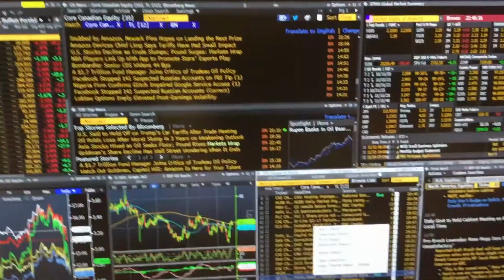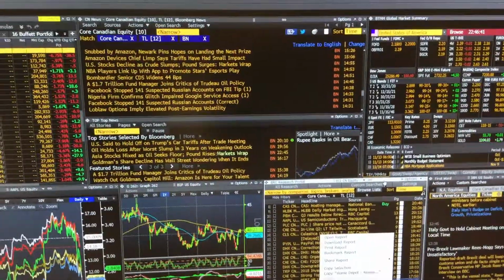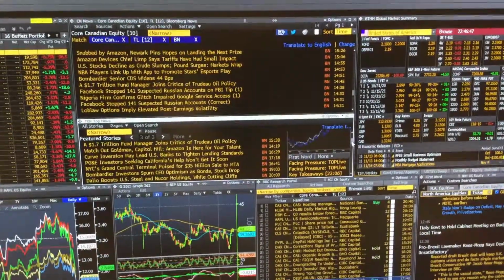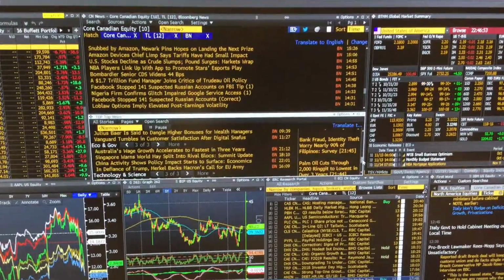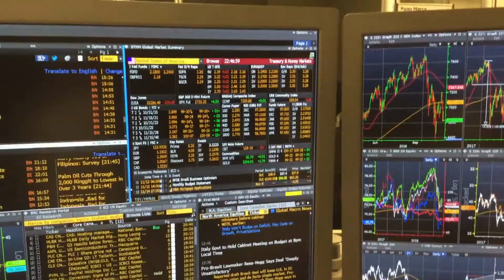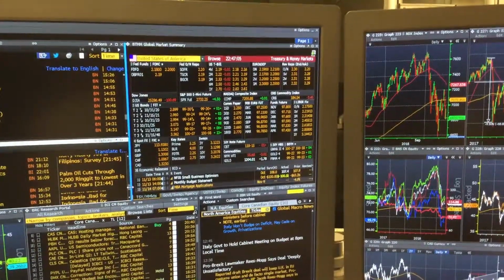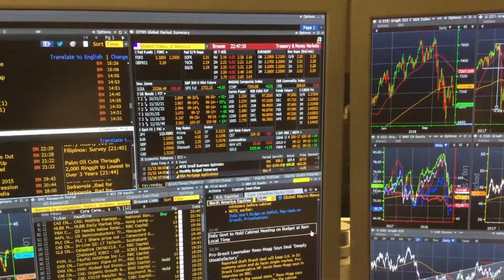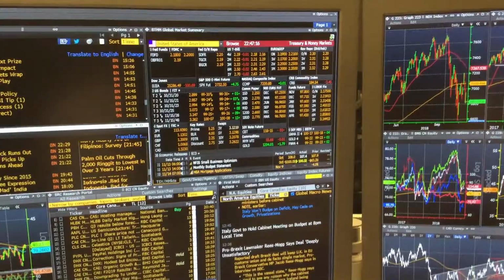The one below is top news, so that's very high level news that's going on in the economy, based on the categories you would want to read into, like deals, finance, economy, government, technology, science, and so on. That's my global market summary, telling you about the futures, FX rates, prime rates, key rates, swap rates, commodity rates. There's just a lot of information here, so I like to look at that on a very high level.